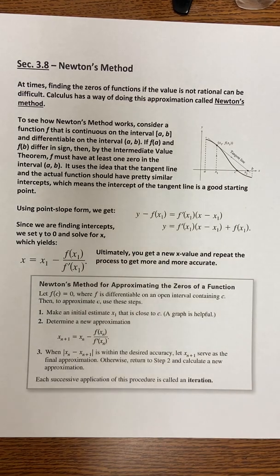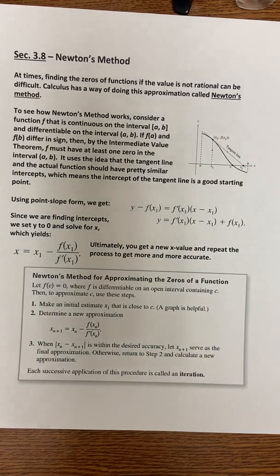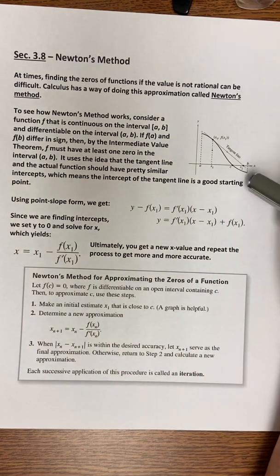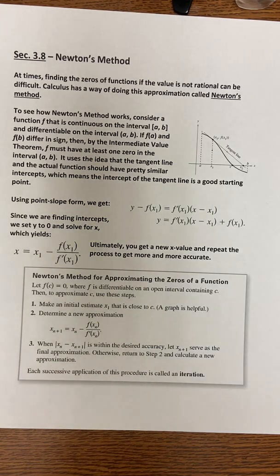To see how it works, we look at a function continuous on an interval, and we use a tangent line at a known value to approximate where the root would be. And when we overshoot or undershoot our root, we redo the tangent line from a closer point until we zero in on an approximation for the root.